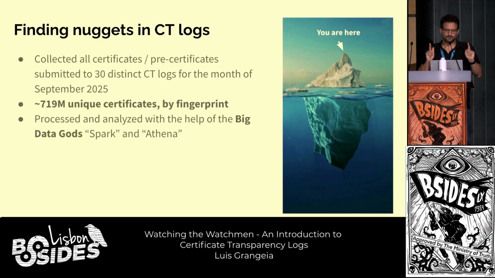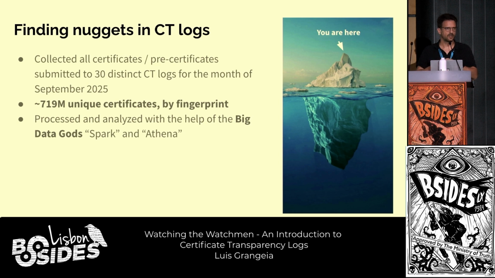What I'm going to show you now is a couple of tests, a couple of ideas that I had, looking at the certificates, and this is really just scratching the surface. I basically took a month of data: September 2025, and 30 CT logs, the biggest ones.